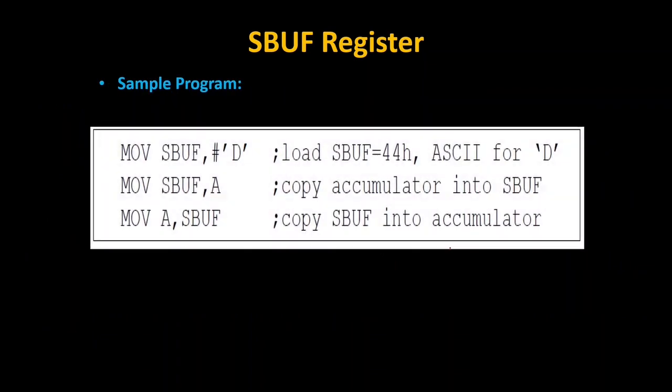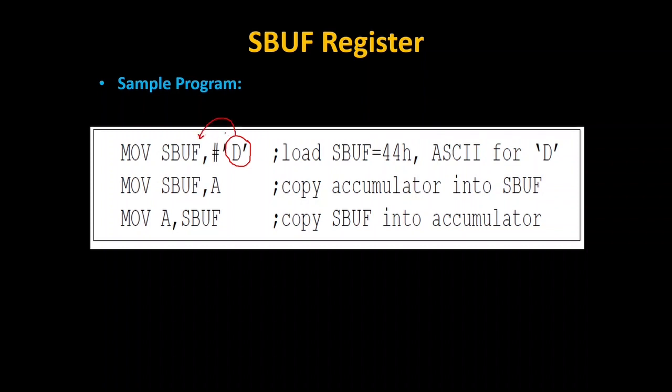So in terms of how we can make use of your SBUF: if I want to move the character value of D, I can use immediate addressing mode, and I can store the value of D inside your SBUF.